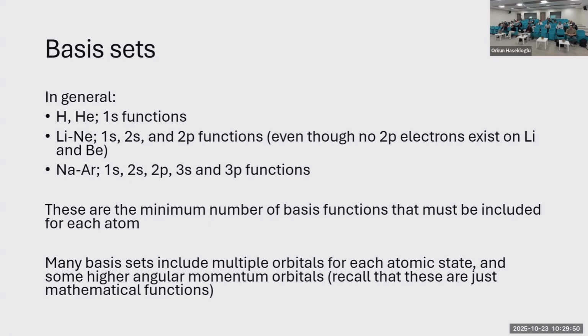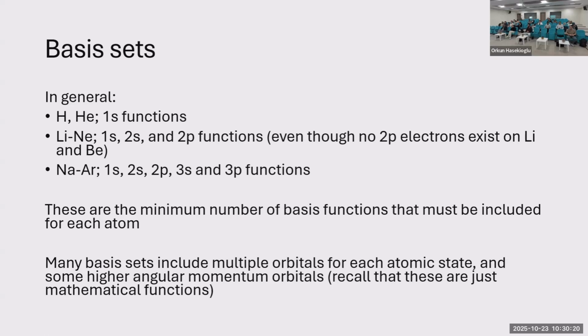So, basis sets in general: for hydrogen and helium, you need 1s functions; lithium to neon, 1s, 2s, and 2p functions; sodium to argon, 1s, 2s, 2p, 3s, and 3p functions. These are the minimum number of basis functions that must be included for each atom. And many basis sets include multiple orbitals for each atomic state and some higher angular momentum orbitals.